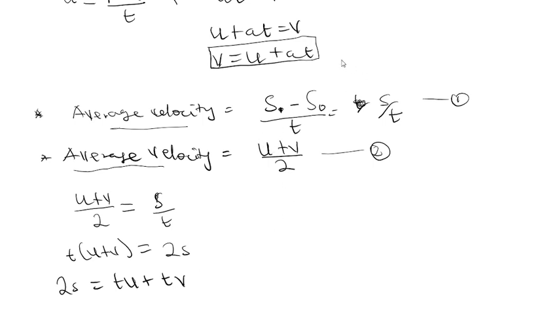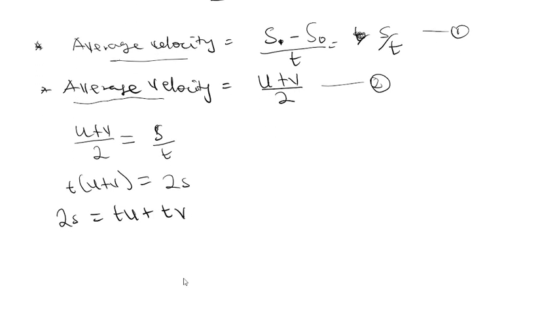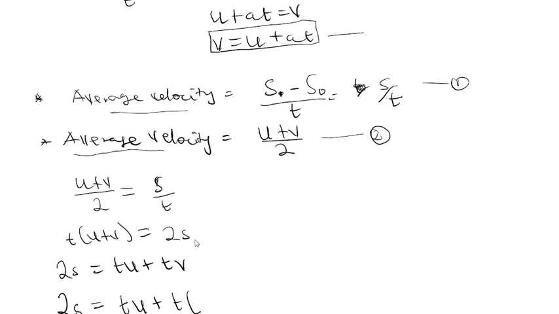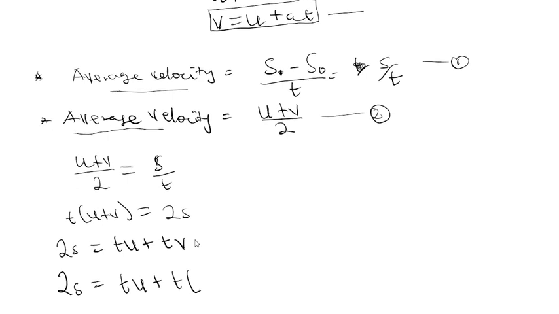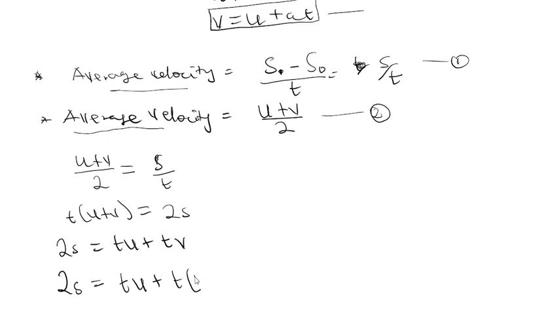Now from our first equation, we said that v is equal to u plus at. So let's do some substitution here. We have 2s equal to tu plus t times v, which is u plus at. So then we write u plus at. What will be the result?